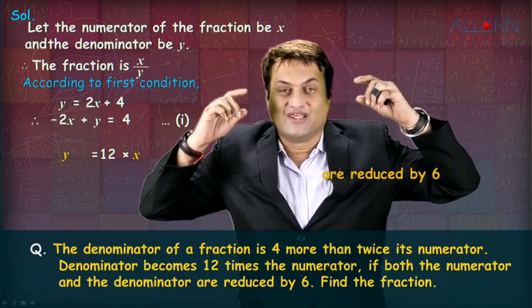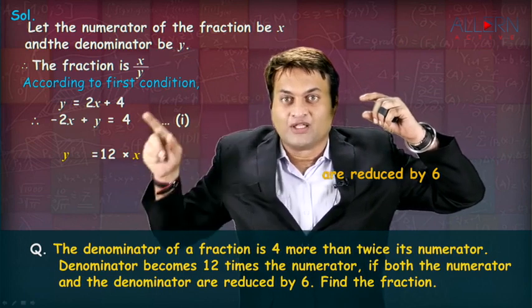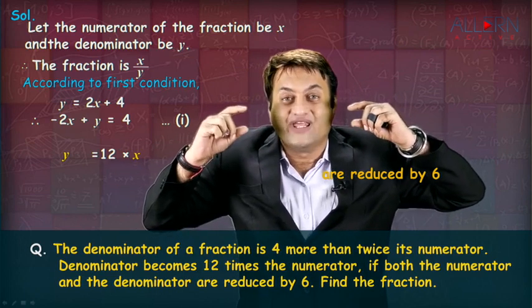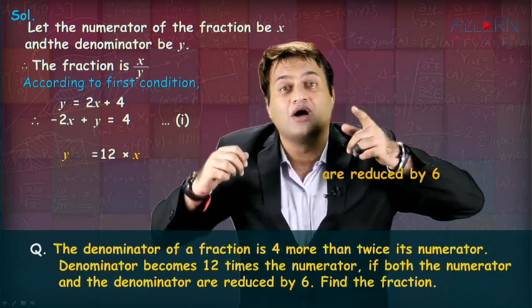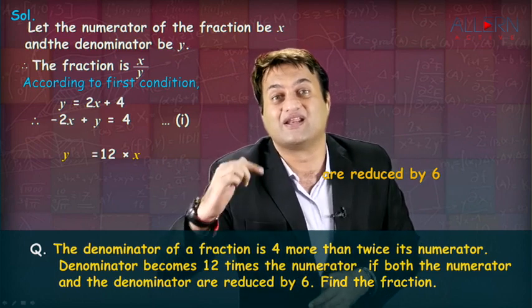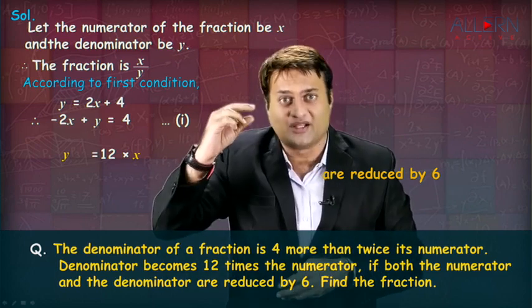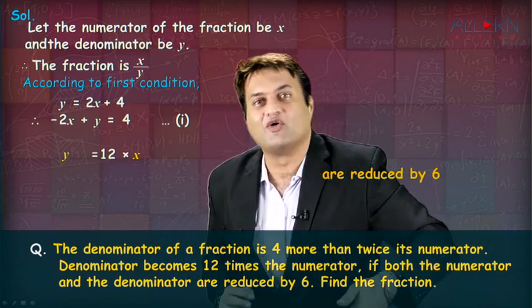So, initially the denominator was y and the numerator was x. Now, this condition is true only when they are reduced by 6. So, what is the new denominator? y minus 6. And what is the new numerator? x minus 6, reduced by 6. The numerator is x, now it is x minus 6. Denominator was y, now it is y minus 6.